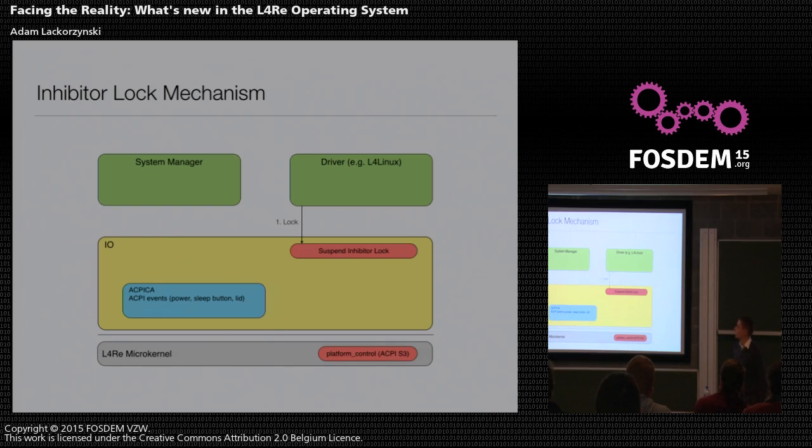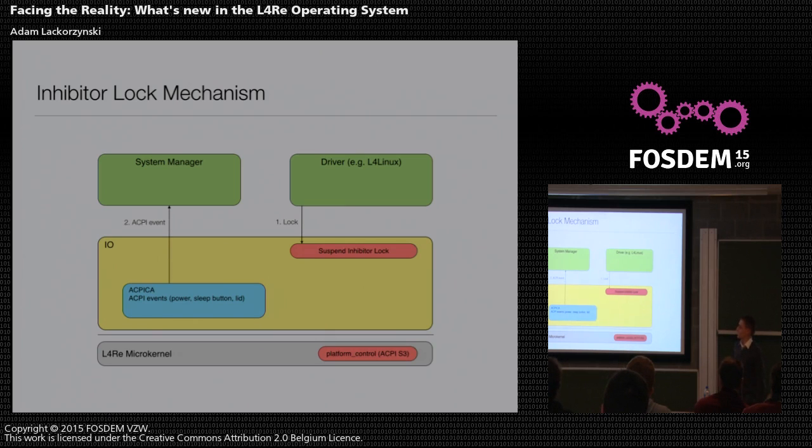Let me start with an example: a driver has a reference to this inhibitor lock, and it takes the lock because it's, for example, starting a file system transaction, so it's trying to read blocks from a disk.